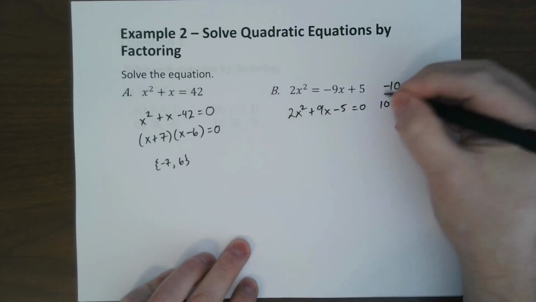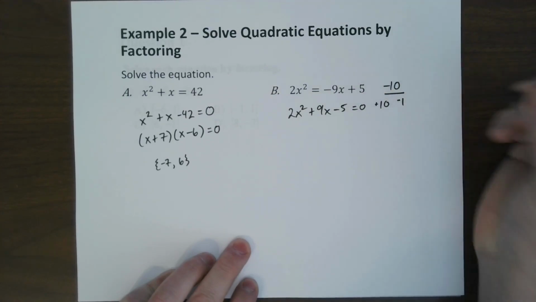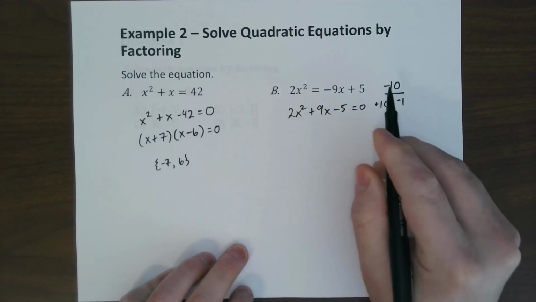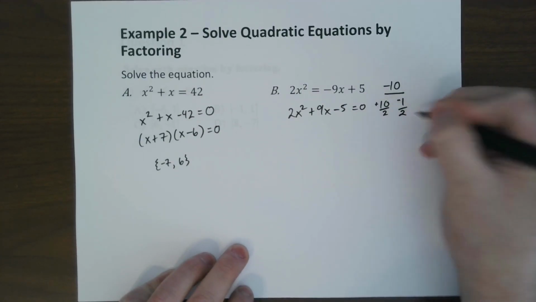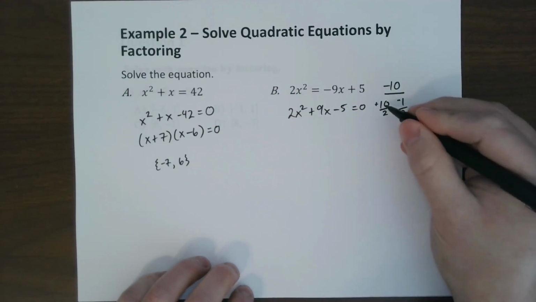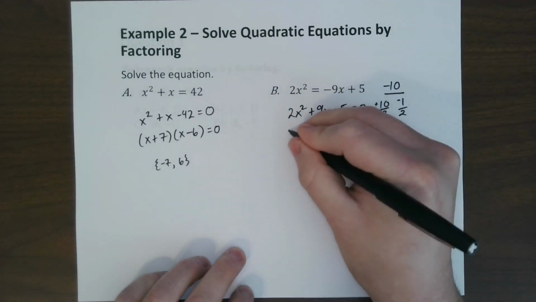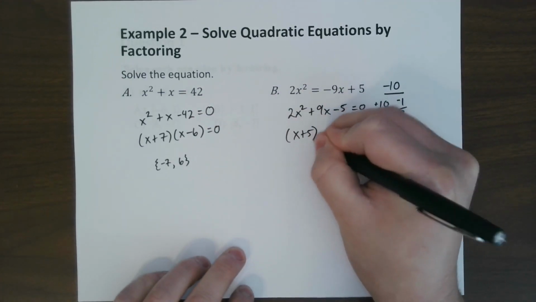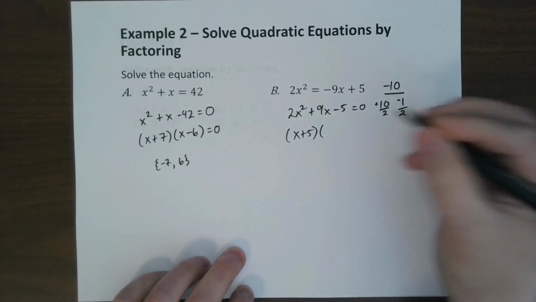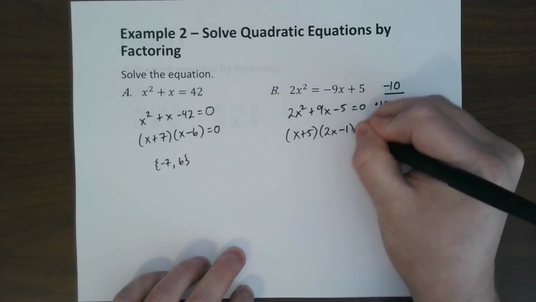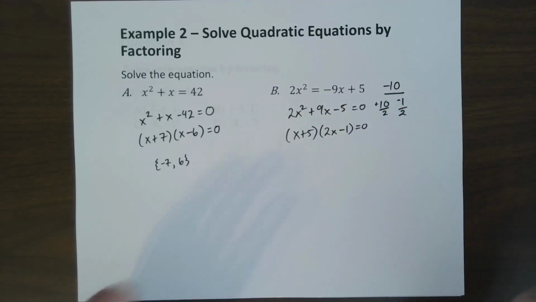Because 9 is positive, the 10 gets it, and this one gets the negative. And now, since we multiplied by 2, we're going to divide by 2. So since we divided by 2, 10 divided by 2 is 5. Since 2 does not divide evenly into 1, we go 2x minus 1. And that is a quick shortcut on how to factor these.